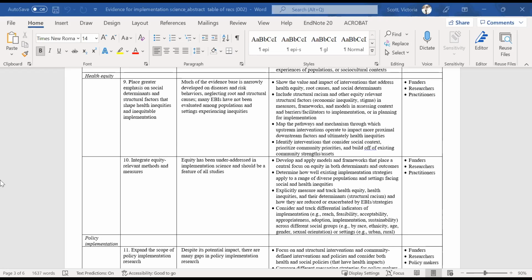I started typing in the chat, but I'll just say it out loud. Within the health equity area, part of it is, what is it that you're studying? Where are the gaps in terms of the populations, the methods, like we have under 10, the emphasis on the structural factors? Part of that is not just describing the problem, but getting in and solving the problems. But the other part of it is the lens in which you see everything.